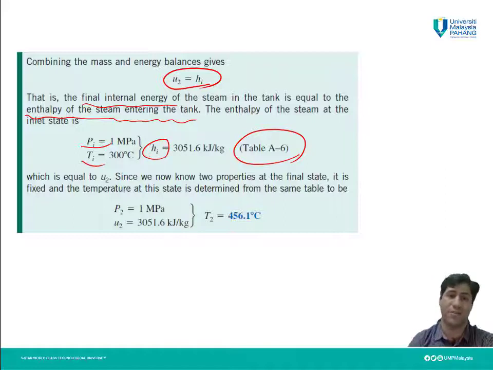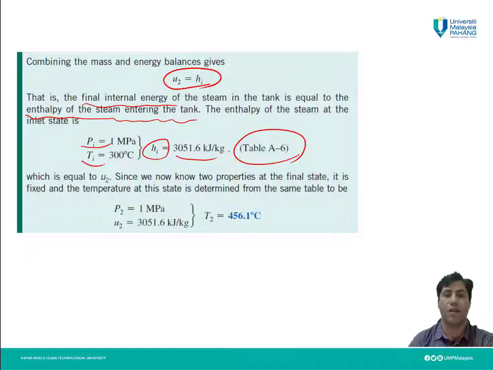Then we can find h_i, or enthalpy, for water with these properties: 1 megapascal pressure and 300 degrees Celsius temperature. If we go to table A6, we can find this directly or by interpolation. h will be 3051.6 kilojoule per kilogram.